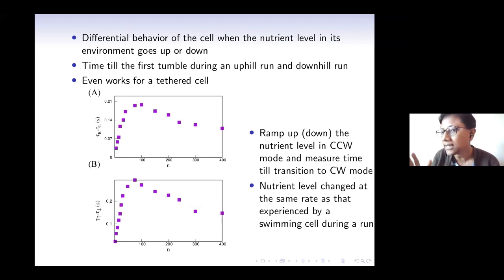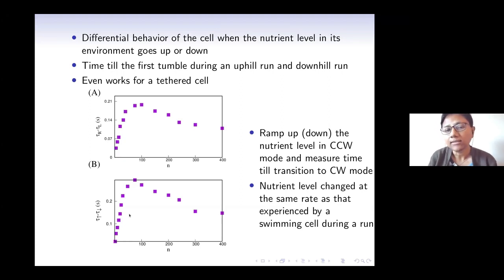So suppose a cell is running uphill, up the concentration gradient, and you measure the average time till its first tumble and compare that with the motion when the cell is going downhill. The difference between these two times is a good measure of performance, because if the difference is large, it means that there is a strong distinction the cell is able to make between these two runs. So this difference shown in this upper panel also reaches a maximum for a specific n.